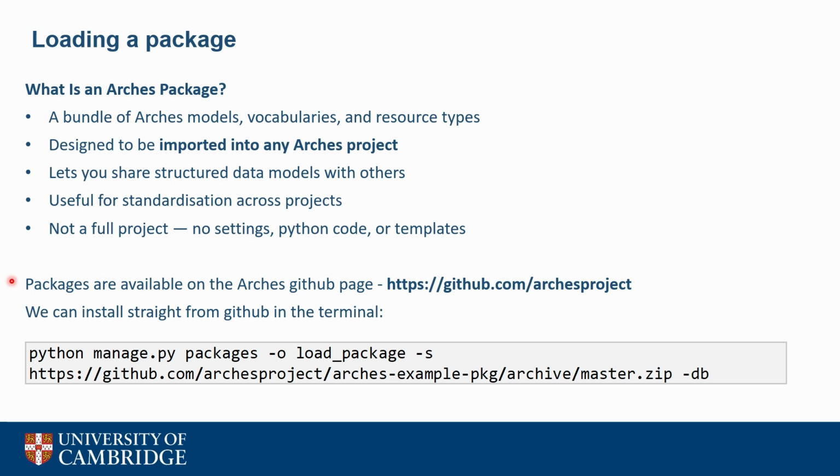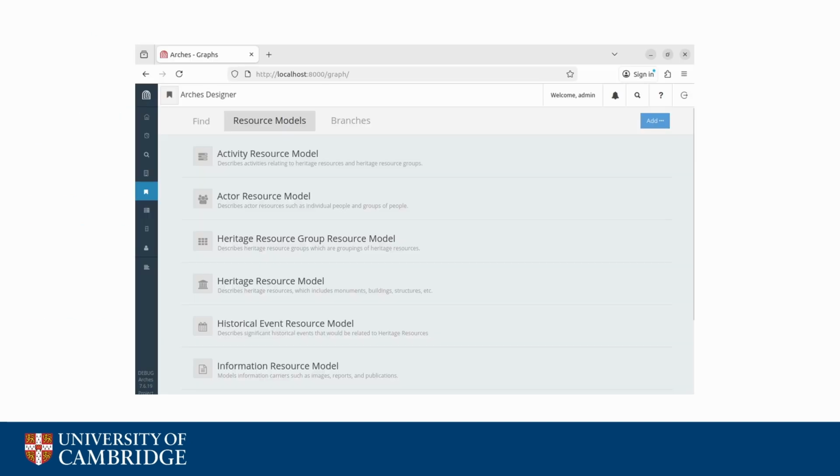To do this, we want to go back to the terminal in our virtual machine and enter the following code here. As long as you have Git installed, which hopefully you will because you will have checked that, this should work fine. And when it does, we can then go back to our browser and refresh, and we can now see what's been loaded by looking at the graph section of our Arches project.